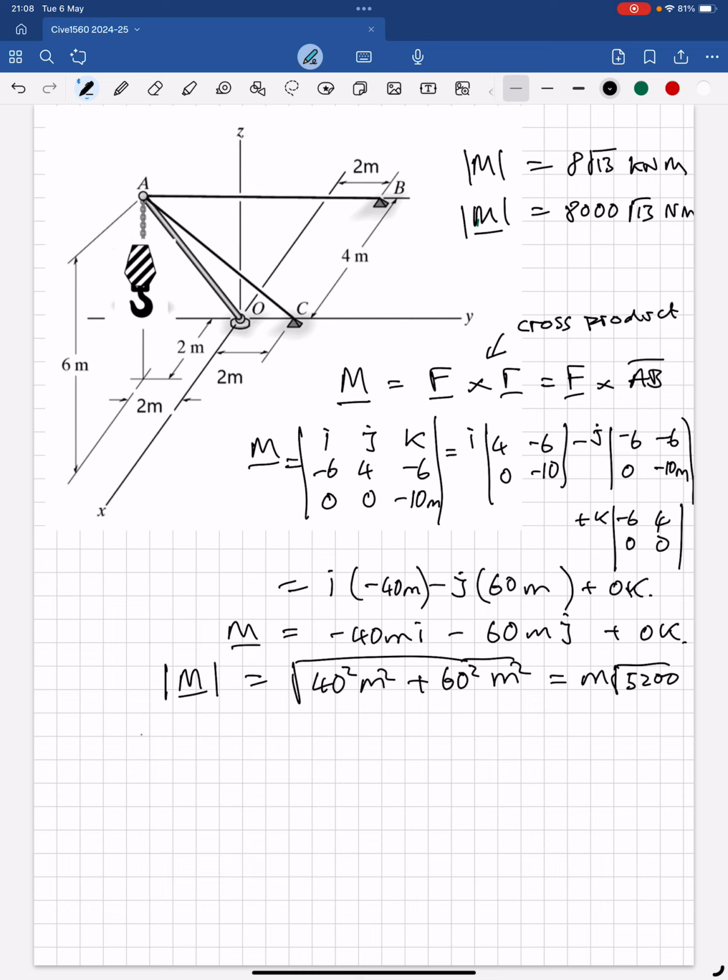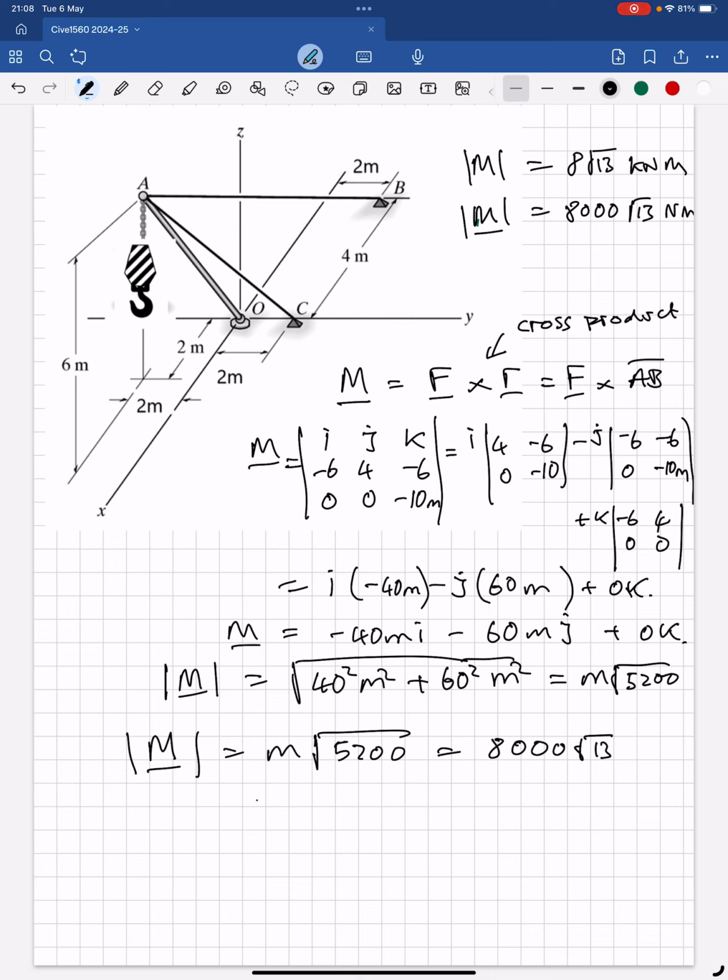But we're also told from the question, let's make this more clear, that this moment, which we just calculated as lowercase m root 5,200, is equal to 8,000 root 13.